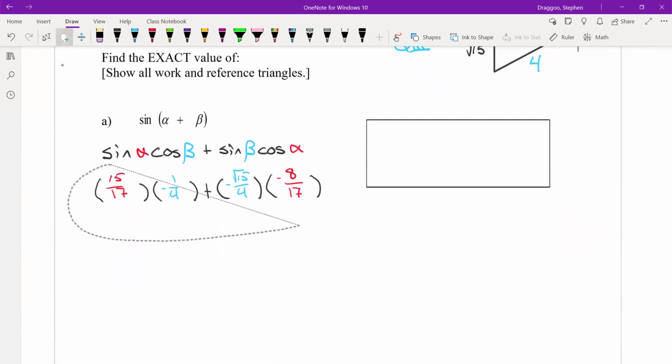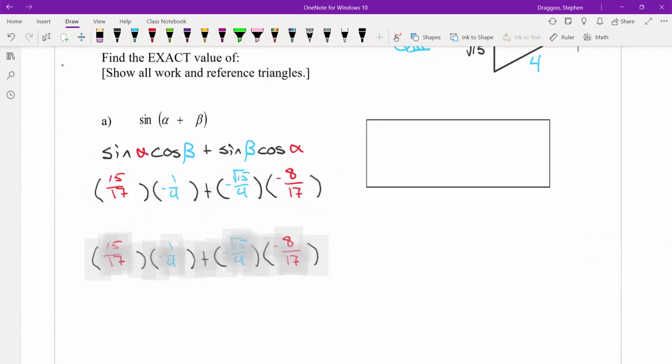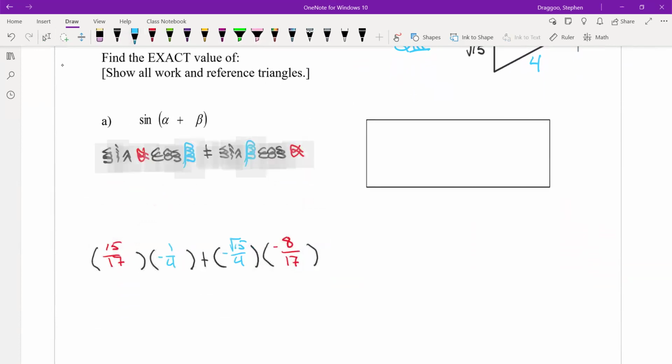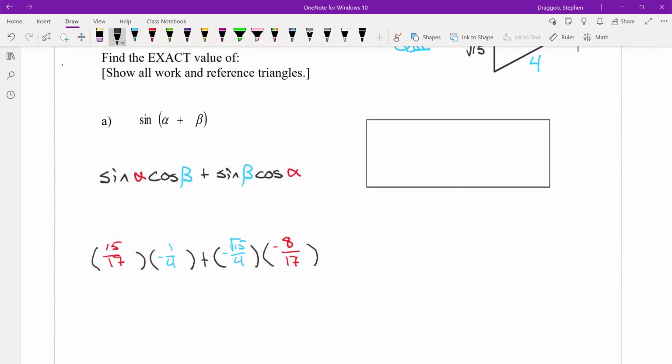Now we're going to want to just multiply that stuff across. Maybe create a little bit more space here. Multiplying all that stuff across into just a single fraction. So I don't anticipate this one's going to be too rough. 17 times 4 for our denominator. I believe that's 68.